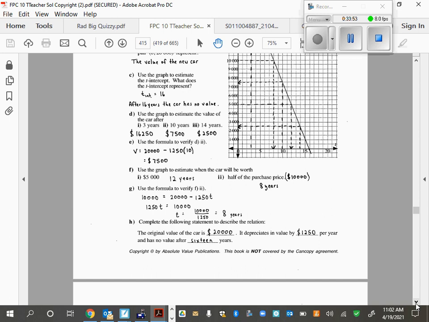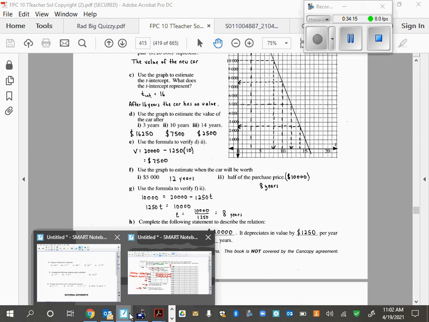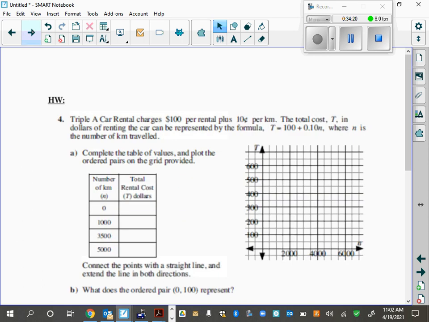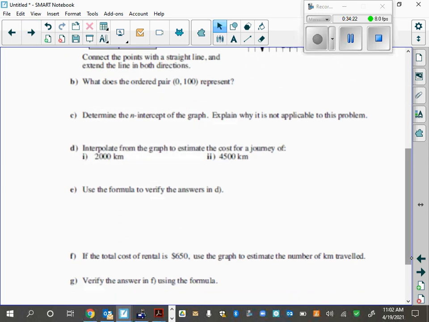What do you think interpolate means? Did we not have that word on the last one? No, we would have said it differently. Okay, so interpolate, right here, means that you're estimating within the graph.